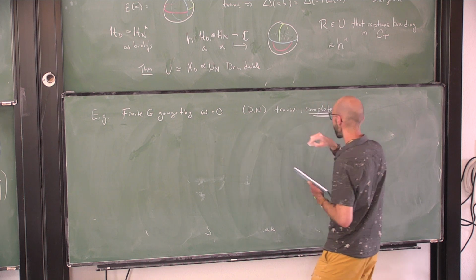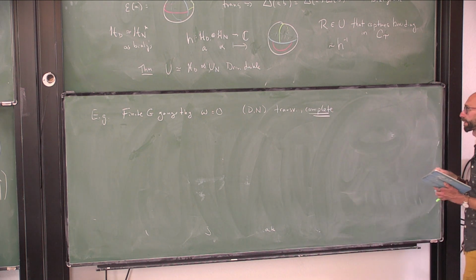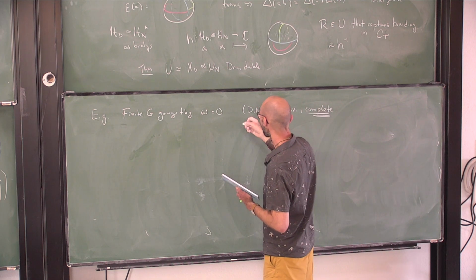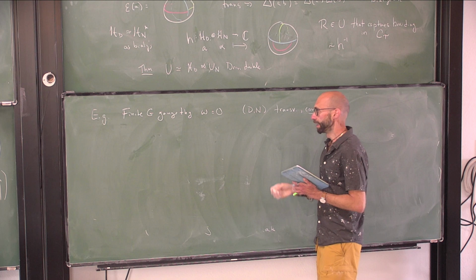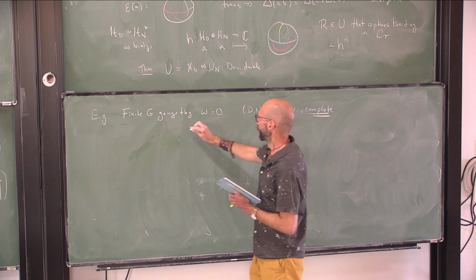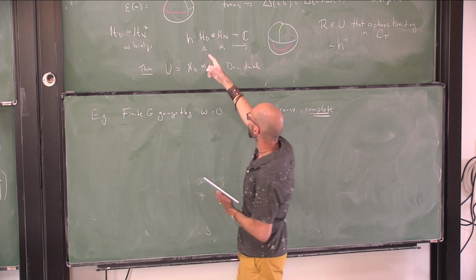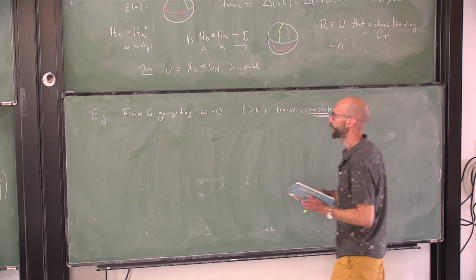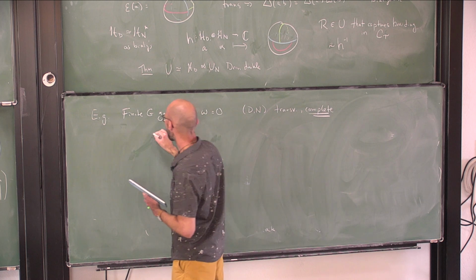And that's in contrast to 2 dimensions. D is Dirichlet and N is Neumann. And there's then a direct computation of the sparks.